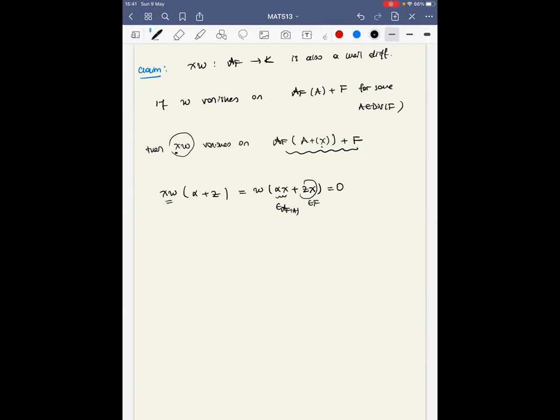In order to see that, suppose alpha plus z is in this adele space, so that means alpha is chosen from the adele space of A plus the principal divisor of x.